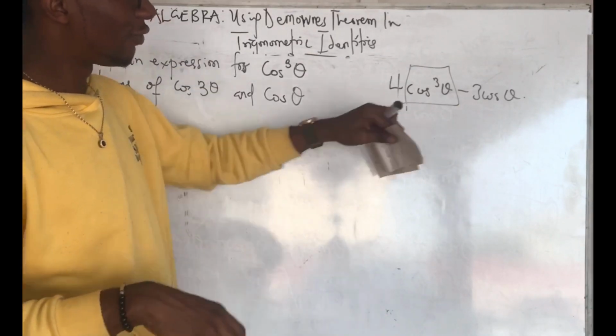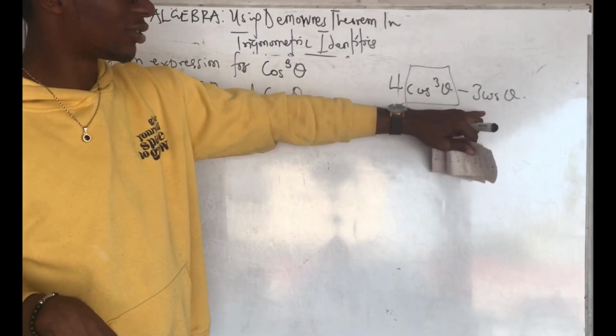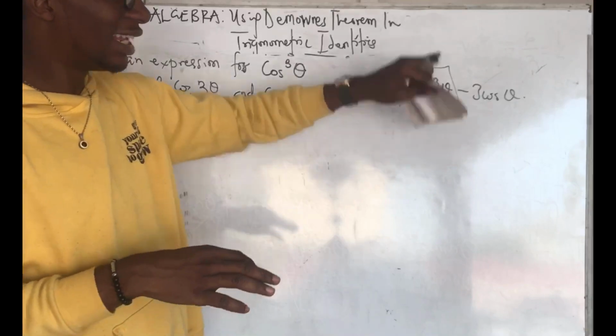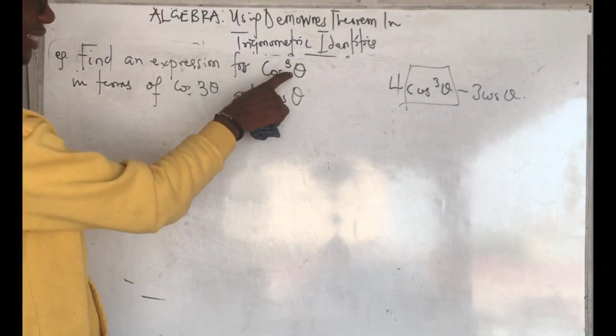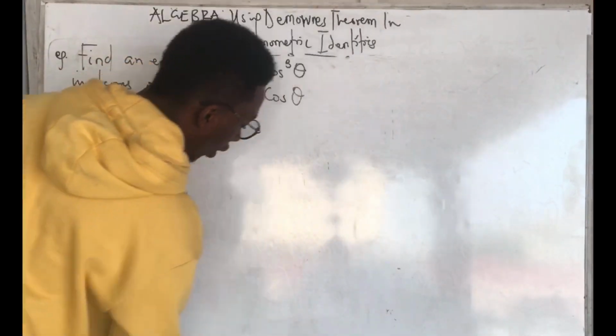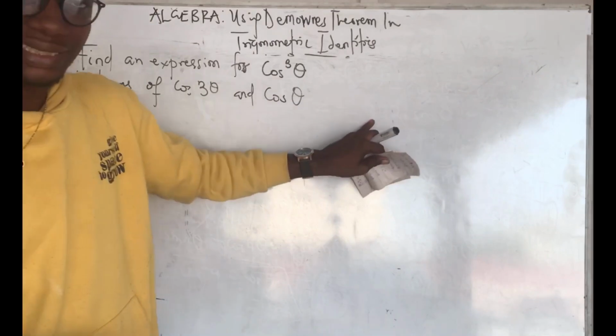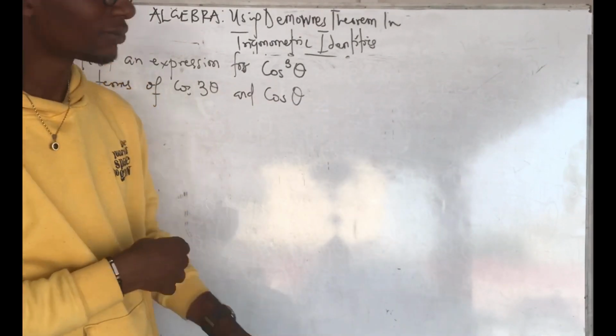So the converse is finding where we can take this cos theta and the 3 cos theta, the single functions, into the multiple angle functions like the cos 3 theta. And that's the converse. So now to do that, you have to apply the z plus 1 over z or the z minus 1 over z. All right. Okay.